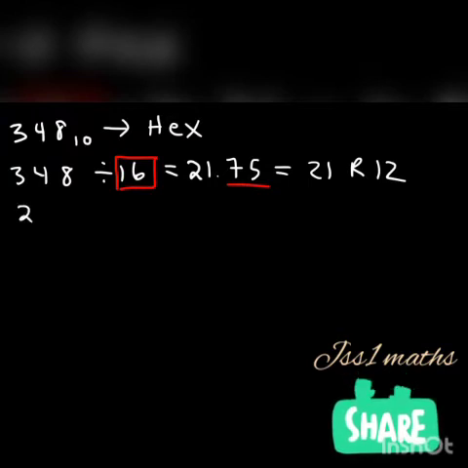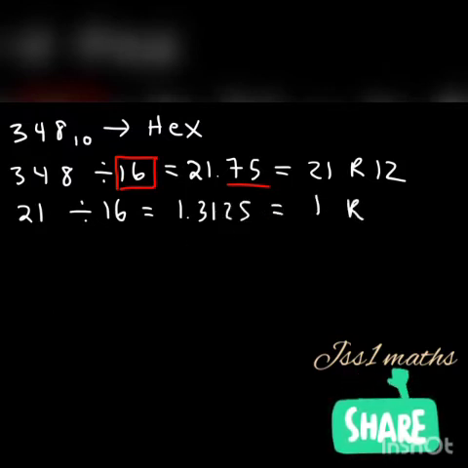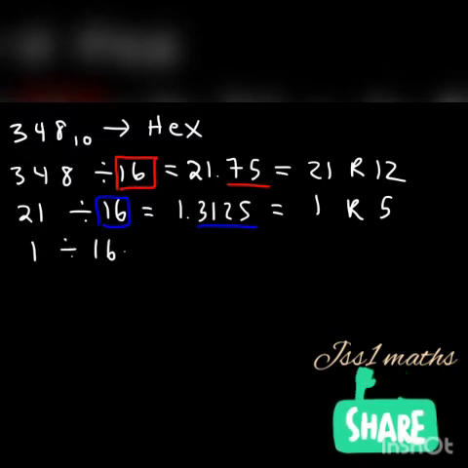Now let's take 21 and then let's divide that by 16. So 21 divided by 16 is 1.3125. And so we have 1 remainder. Now let's multiply 16 by 0.3125. And that's going to give us 5. So it's 1 remainder 5. Next, take 1 divided by 16. Now we know 16 doesn't go into 1.